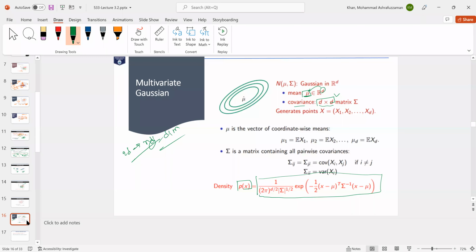Again, if we try to understand, this is a constant value, and we are raising it to power d by 2, and then we are multiplying this term with the determinant of the covariance matrix raised to power half, or the square root of it. So this is basically a constant term, or in other words, a normalizing term, so that it can normalize the values for a density plot.